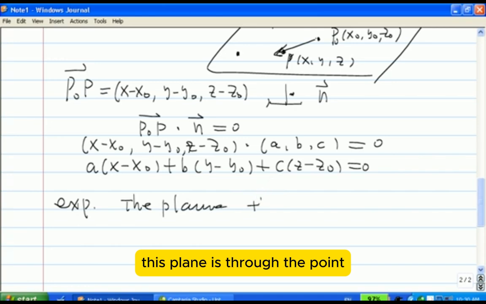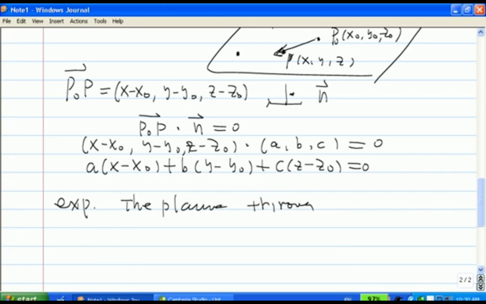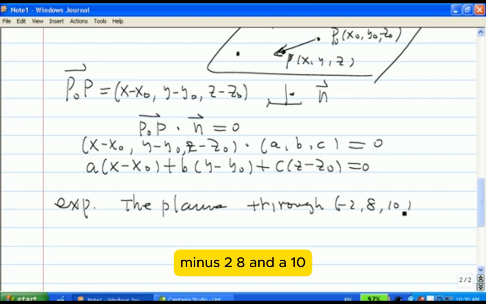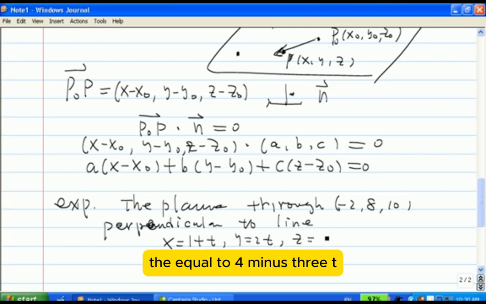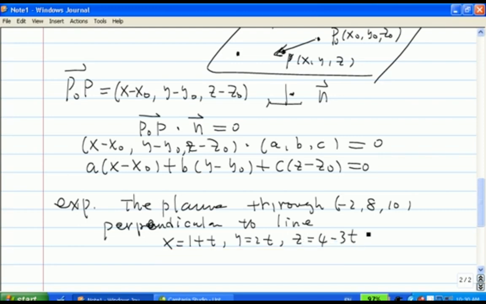This plane goes through the point (-2, 8, 10), perpendicular to the line x equals 1 plus t, y equals 2t, z equals 4 minus 3t.